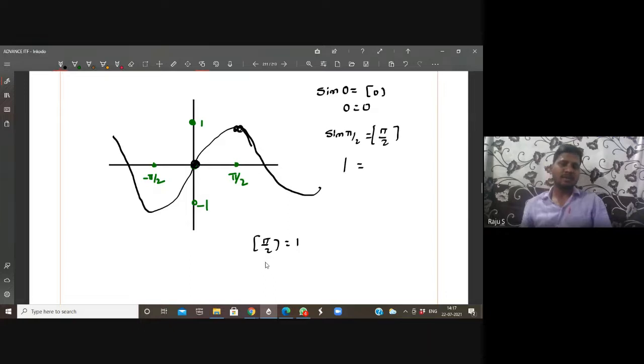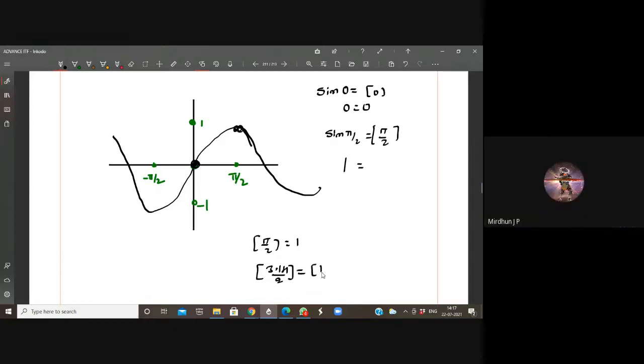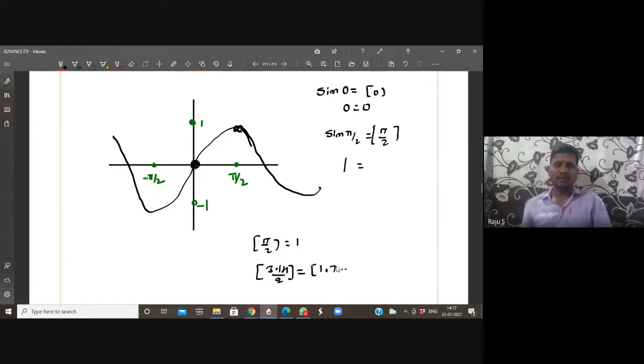Pi by 2 means 3.14 by 2, nothing but 1.57, which is clearly 1. Sin 90 is 1, and the right side is also 1. 1 is equal to 1. This is also one solution.